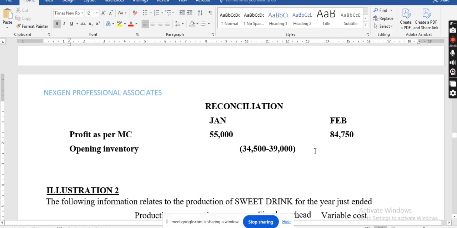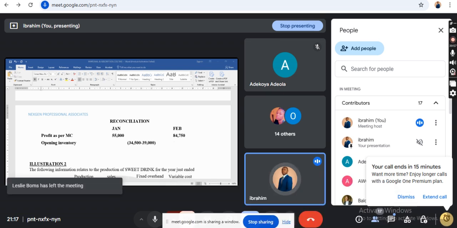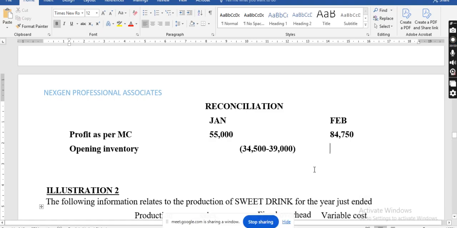You can see that, look at it now. The 34,500 is for marginal costing. Don't forget the statement, please. If the opening inventory of marginal costing is greater than absorption costing, you add the difference.